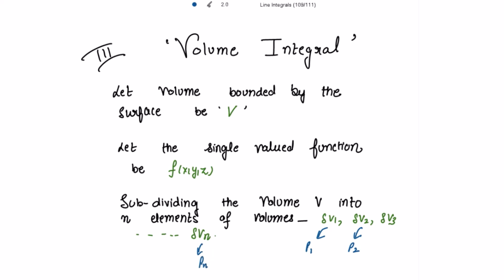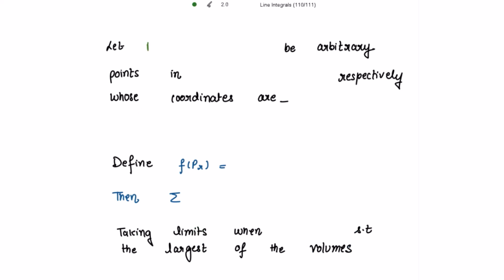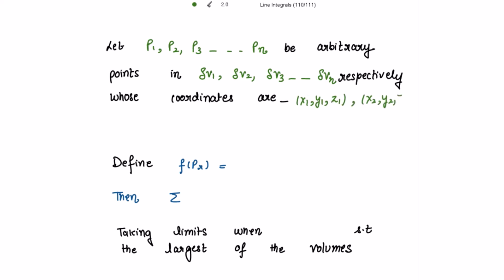Okay, so let P1, P2, P3 and so on up to Pn be arbitrary points in delta V1, delta V2, delta V3, and so on up to delta Vn respectively, whose coordinates are x1, y1, z1, x2, y2, z2, and so on, xn, yn, zn, right?